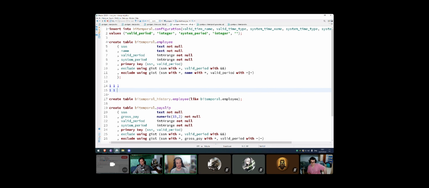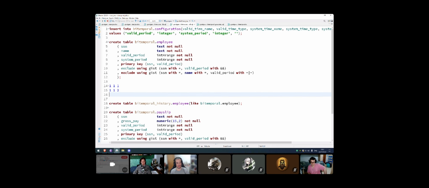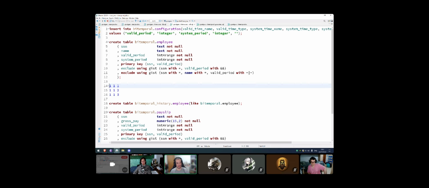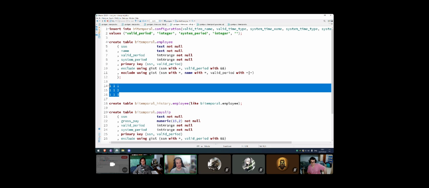Then we have the same record for time two, and the same record for time three, right? It's only changing the time aspect of this entity. What this constraint does is disallow this from happening in the physical table.